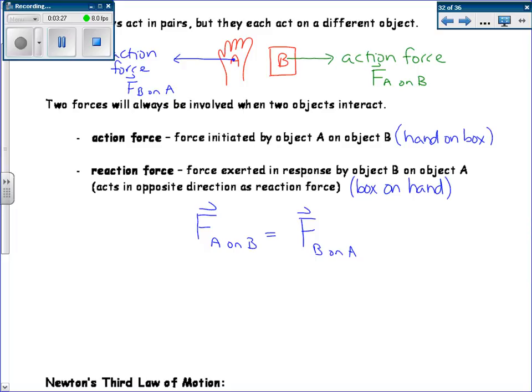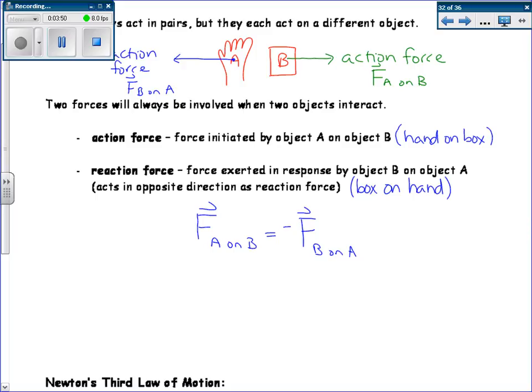The way I've drawn this, the force of B on A is negative. It doesn't really matter which one you make negative, and even the direction tends not to matter. As long as you understand that the forces are the same, they're just acting in opposite directions, but on different objects.